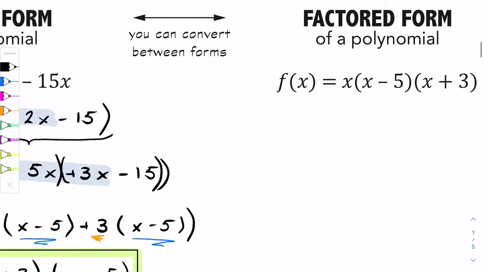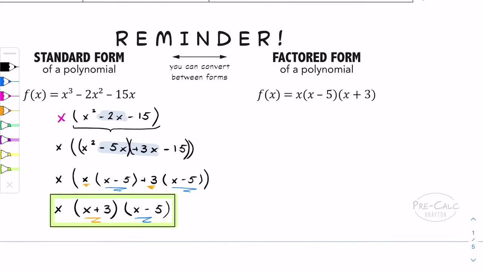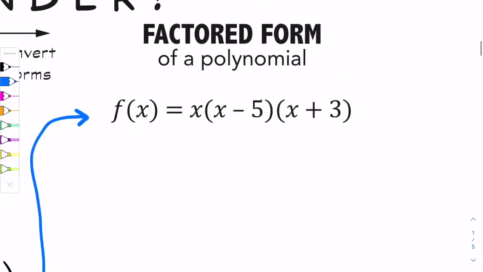Next, we're going to look at the factored form, which is exactly where we just ended. We have x times x minus 5 times x plus 3, and we're going to convert our factored form expression back to standard form. So to do this, you need to multiply two factors together at a time.